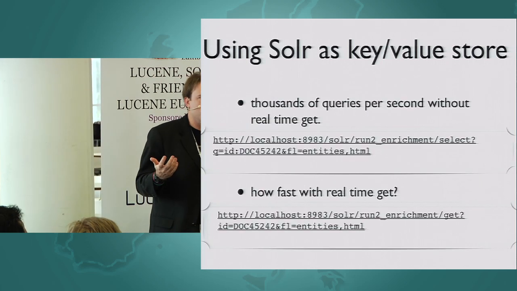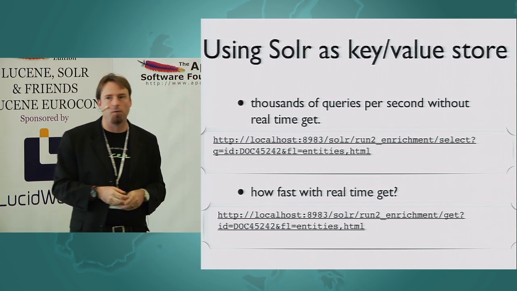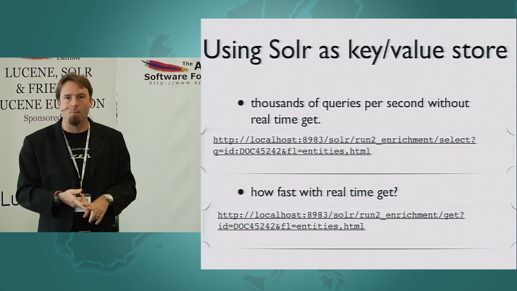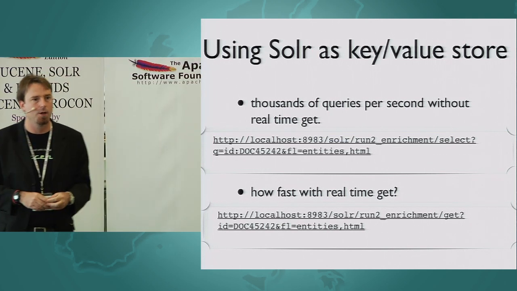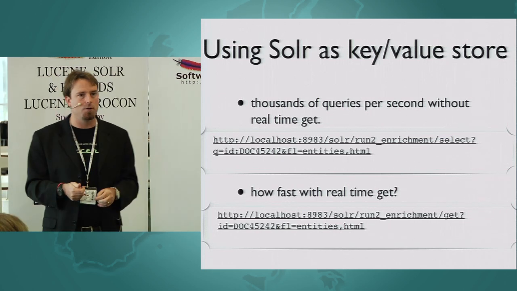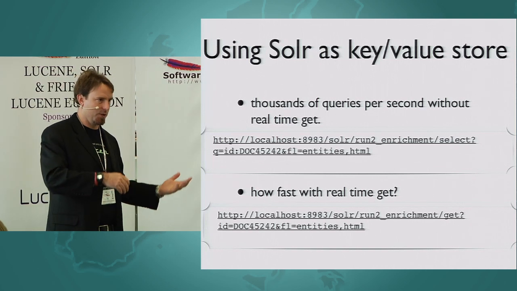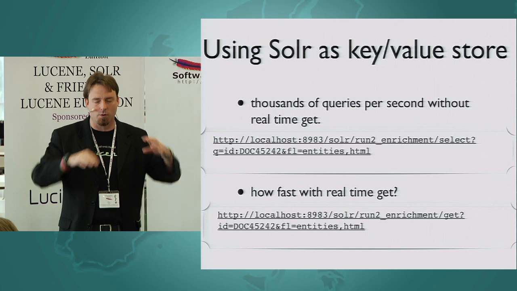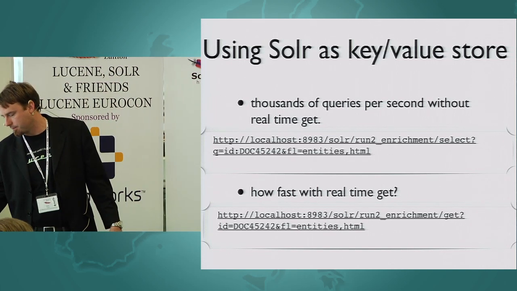We got thousands of queries per second on a single Solr, and this was before even the new stuff in Solr 4 that makes the get much faster. We were just doing a select statement with a query. So Solr as a key value data store worked out really well. And we didn't have to go and get authorization to use Cassandra or CouchDB or some other tool. Our world was sort of Solr-centric, so let's use another tool that fits in really well.